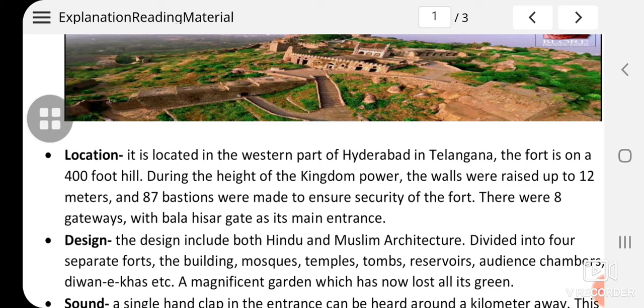The fort is on a 400-foot hill. The walls were raised up to 12 meters and 87 bastions were made to ensure security. There were 8 gateways with Balahisar Gate as its main entrance. Hope you understand about the location of the fort.